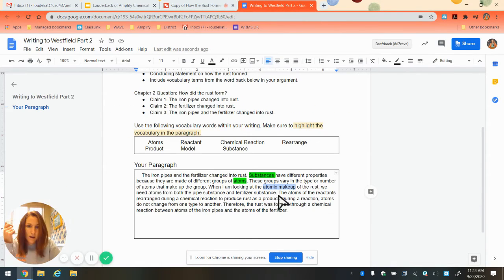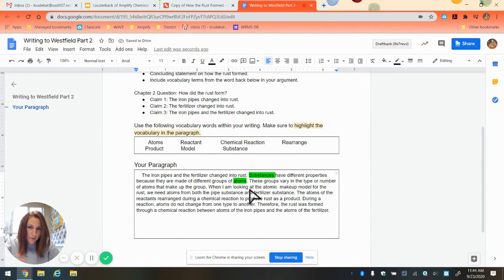So in my writing here, it's as simple as saying when I looked at the atomic makeup model, when I'm looking at the atomic makeup model, remove the of, always good to double check your sentence.